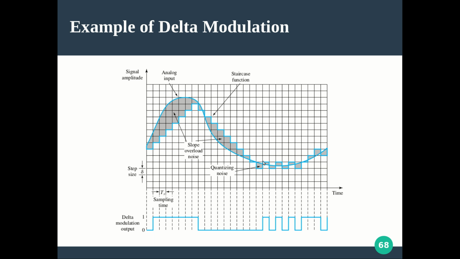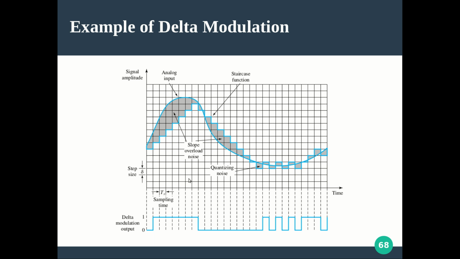But suppose the step size is half of it, this kind of jerking will not be there. You will move up to this only. Again you can have some more up value, but still it will be there, but its severity can be reduced. We can reduce the quantizing noise to some extent if we decrease the step size, and we can reduce the slope overload noise if we increase the step size.